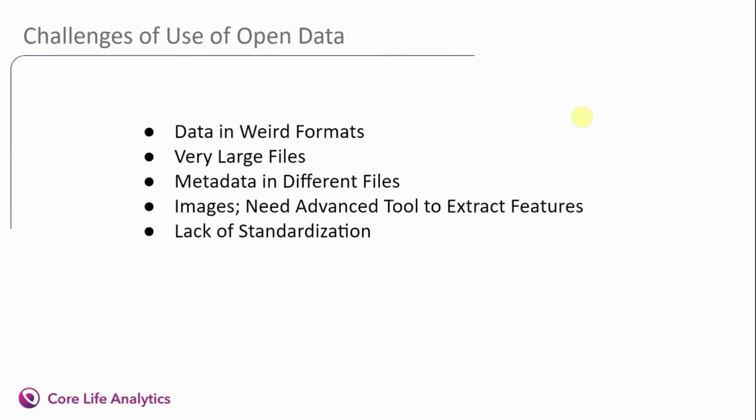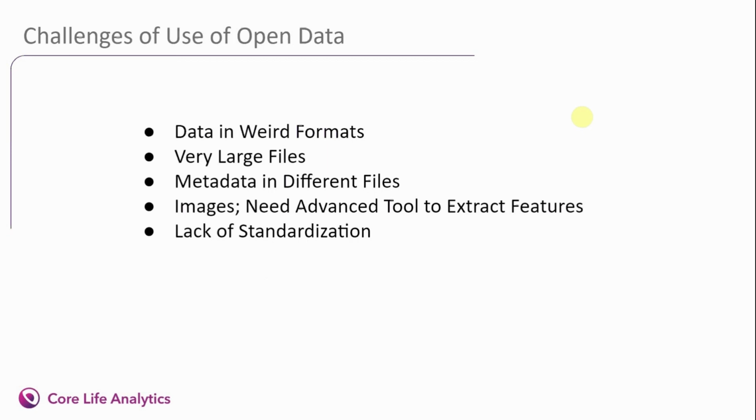As you saw with our images, downloading the images is possible, but then you do need advanced tools in order to extract the features from the images. And of course, you need some tool like StrataMiner for a biologist to be able to get some useful information out of the numeric data.